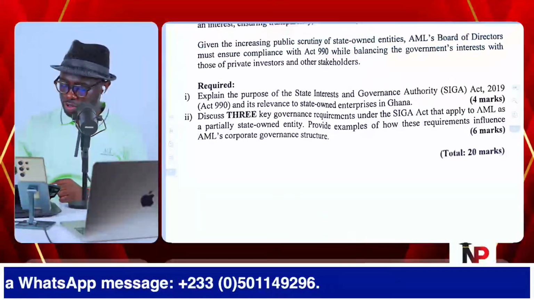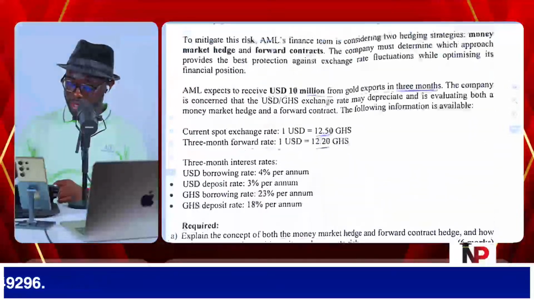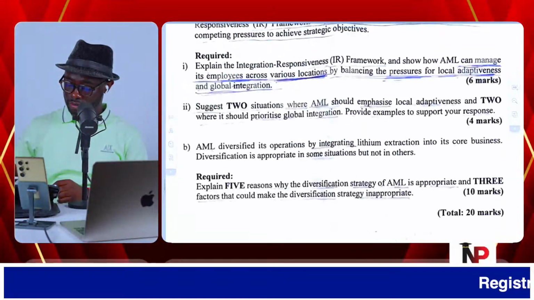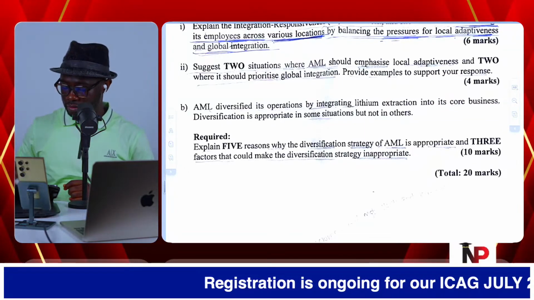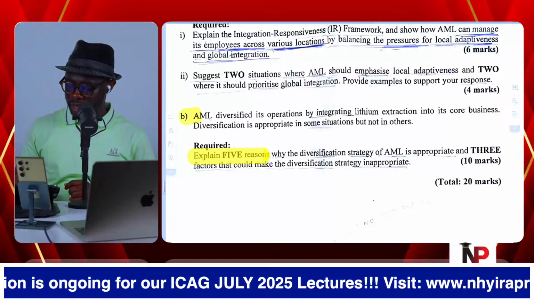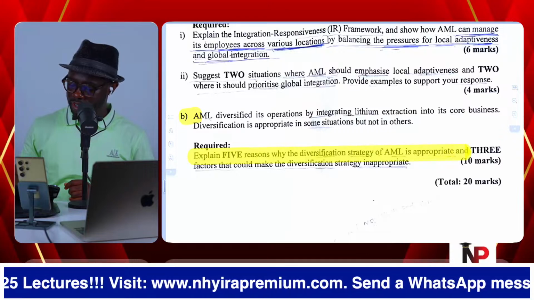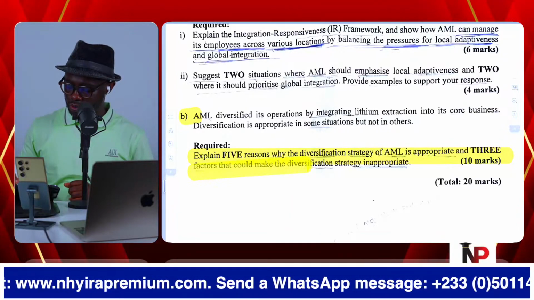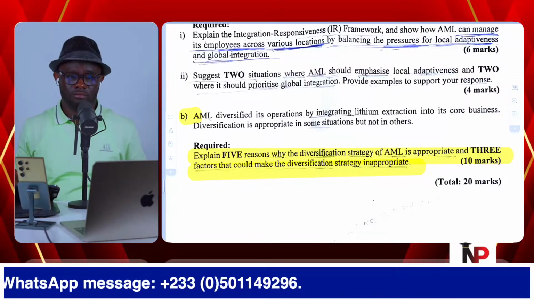Let's go to the March 2025 question. Say you are looking at question 3. Question 3B. It says, explain 5 reasons why diversification strategy is appropriate and 3 factors that could make diversification strategy inappropriate for 10 marks. 5.